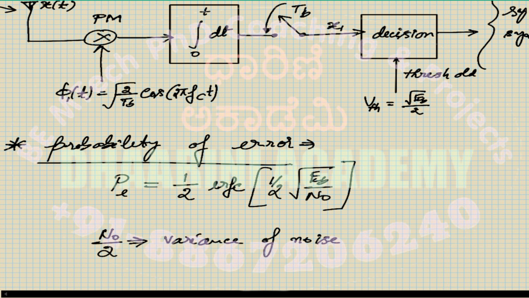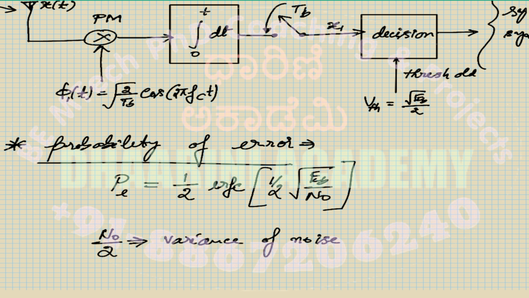Why is the noise considered? Because whenever we are considering the communication channel, a 1 becomes a 0 or a 0 becomes a 1 only in the presence of noise. So there has to be noise. Whenever there is such noise, during the derivation we will be considering the Gaussian distribution for noise.